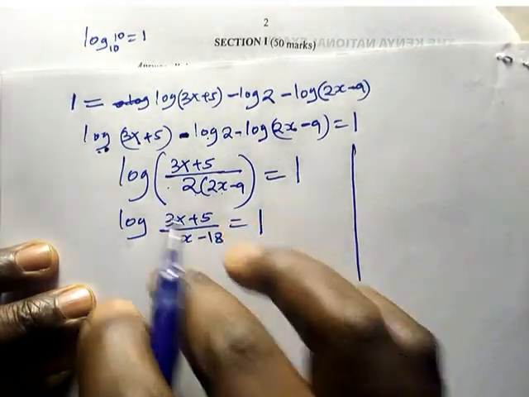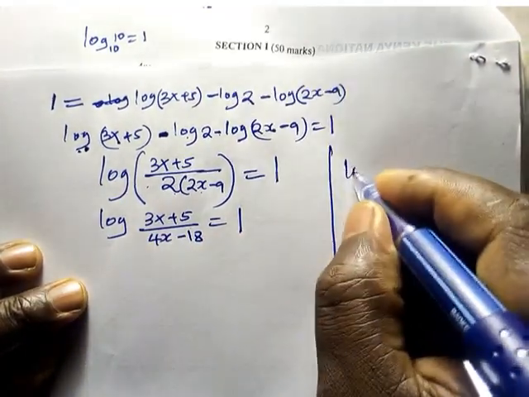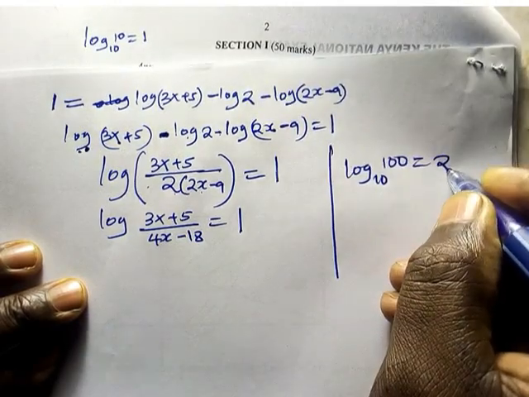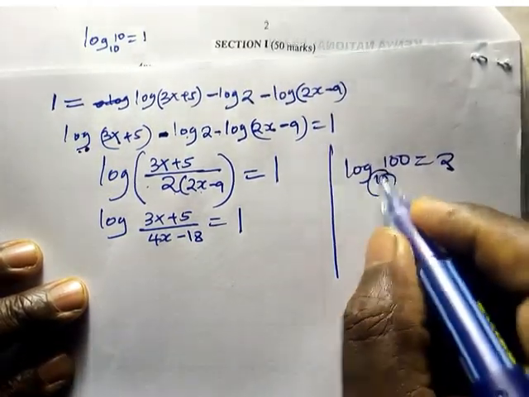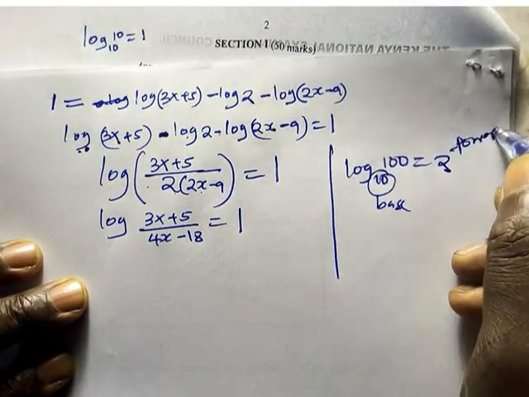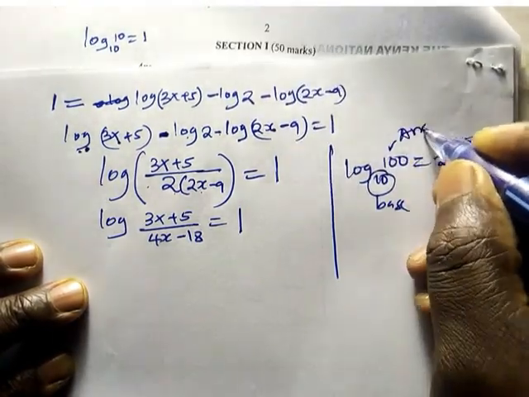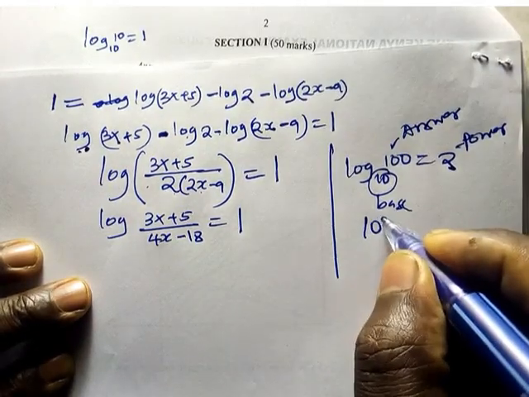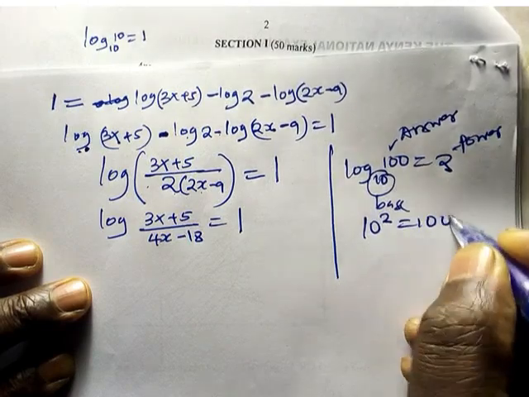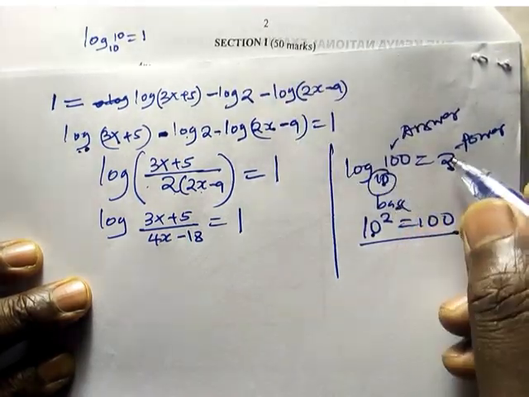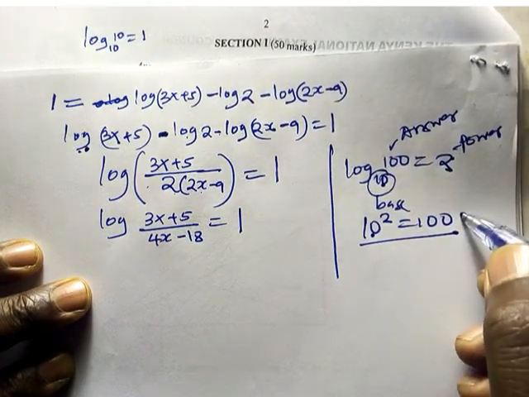Another thing, for you to solve this, you should remember that log to base 10 of 100 has the answer 2. This is the base, this is the power, and this is the answer. Meaning that 10 raised to power 2 gives 100.